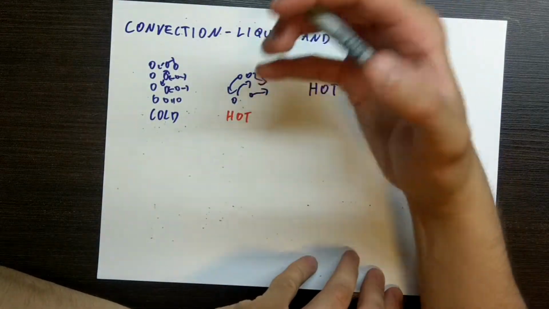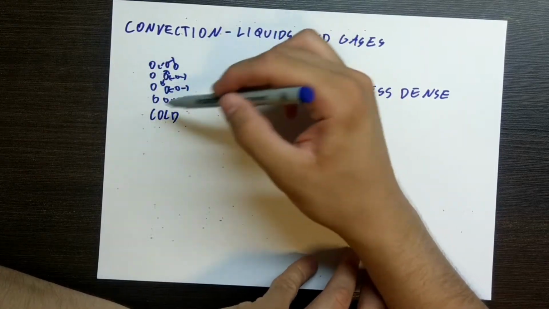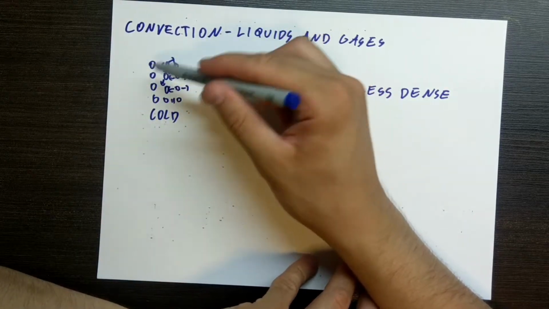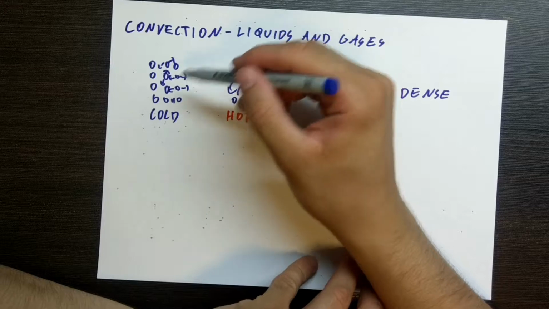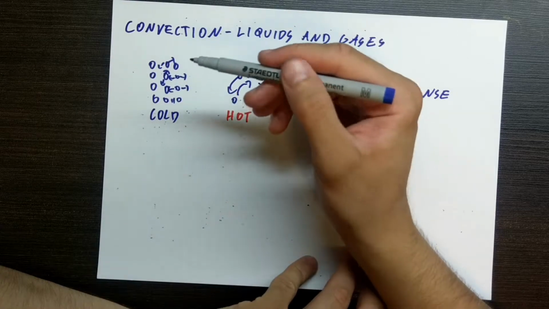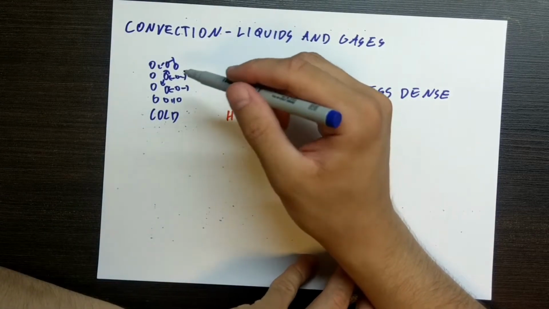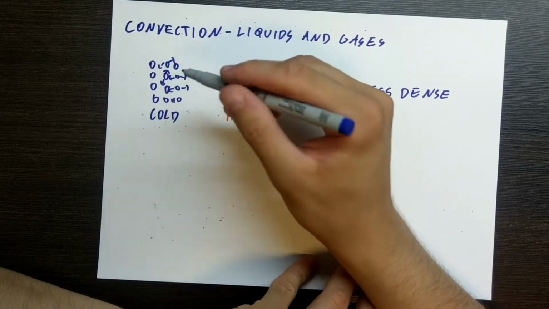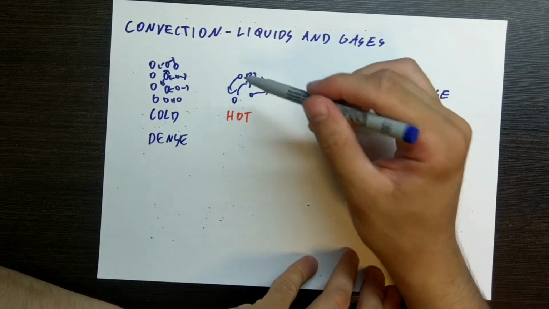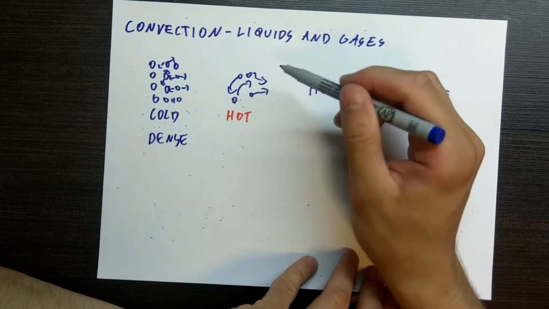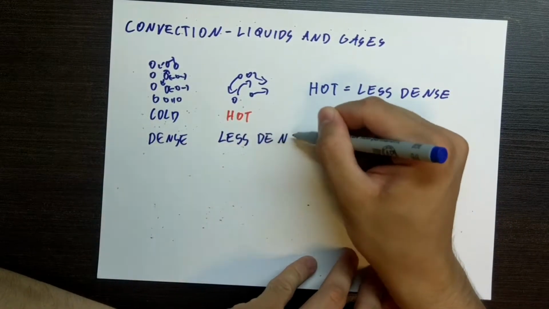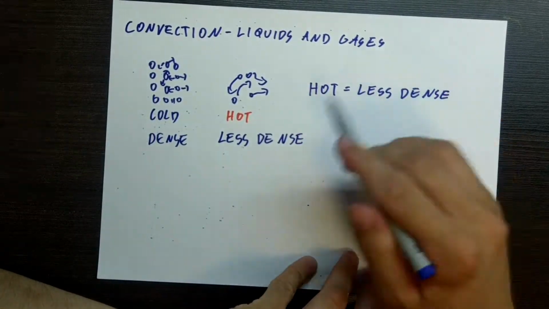Here we will have many more particles in a single unit of volume because they're more tightly packed, because they're not moving as much. If particles are more tightly packed, the density of these particles is higher, so they are more dense. Whereas if particles are not tightly packed, because they're moving around so much, they are less dense. So that explains a bit of the theory behind air density.